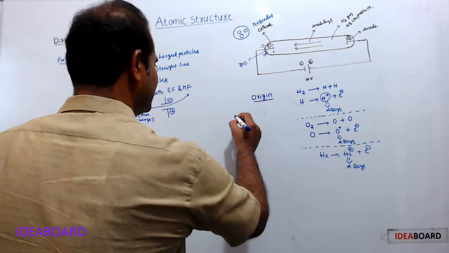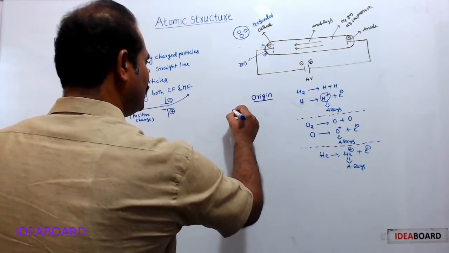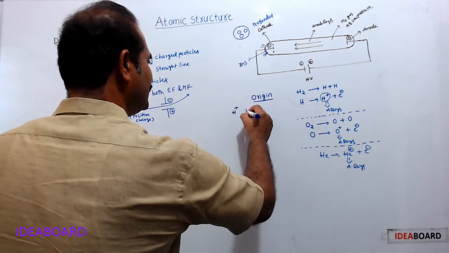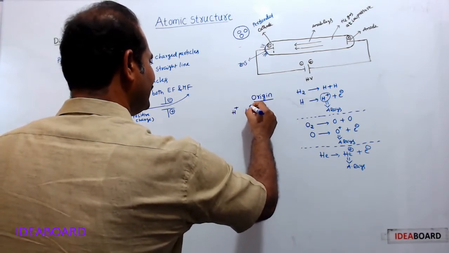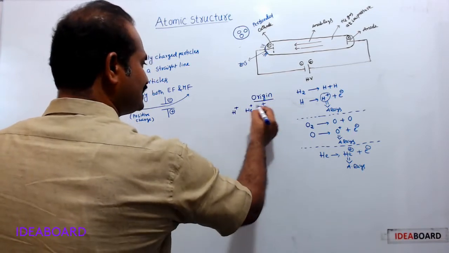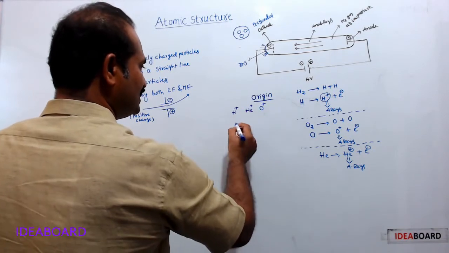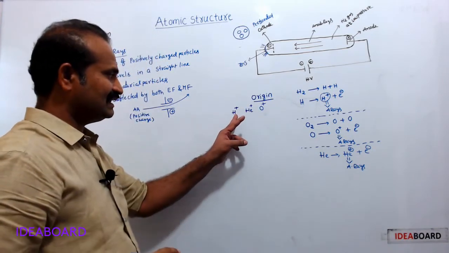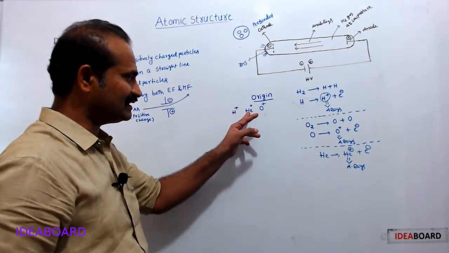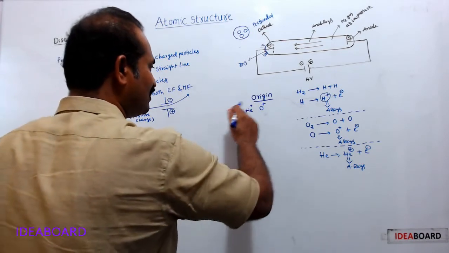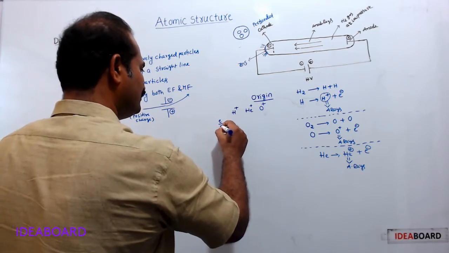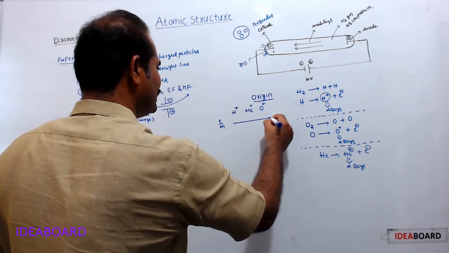Suppose I take an H+ ion, a helium ion and an O+ ion. All of these carry one unit positive charge, but the mass is not the same. The mass of H+ is somewhat less than that of He+, and less than that of O+.